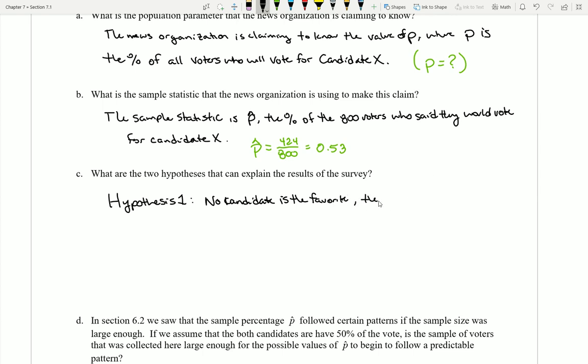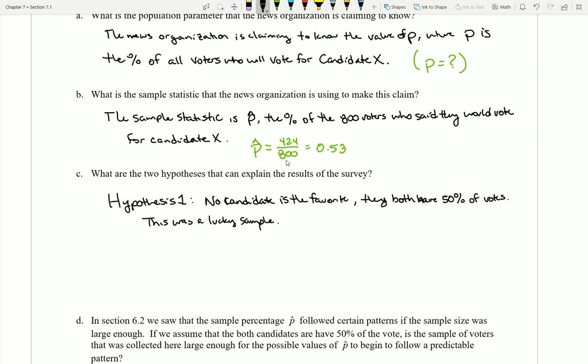So I could say they both have 50% of votes. And maybe I could just say here that this was a lucky sample, right? It just happened, just by chance, to show that this person was getting 53%.